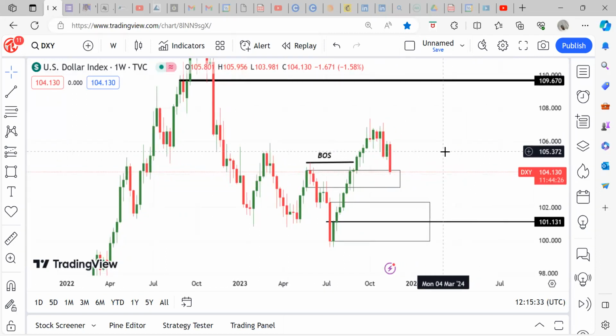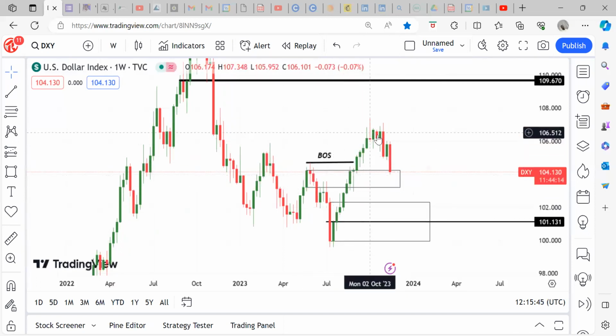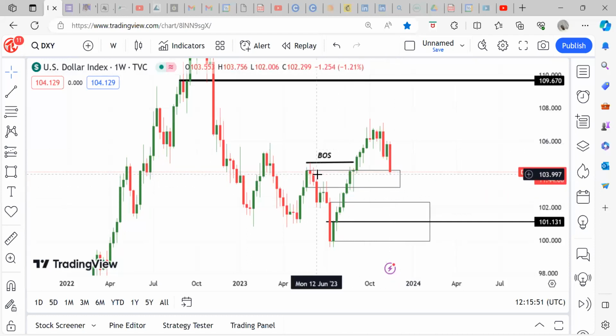If you hear me say discount, or demand, they all mean the same thing. I talk about premium, I talk about supply, just know they mean the same thing. So I said that it has to go back to a significant area of discount, right? And the first discount we plotted out was this very zone, which price has really dipped into.